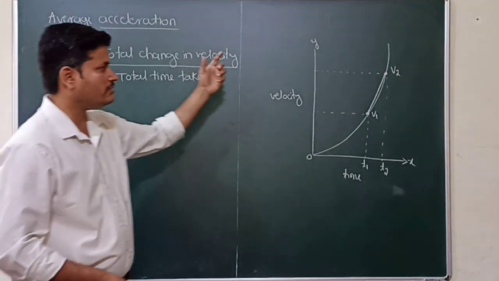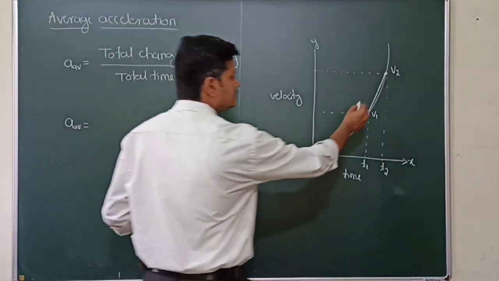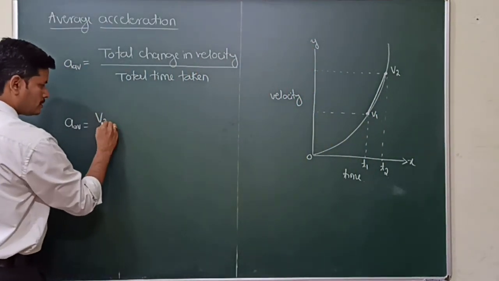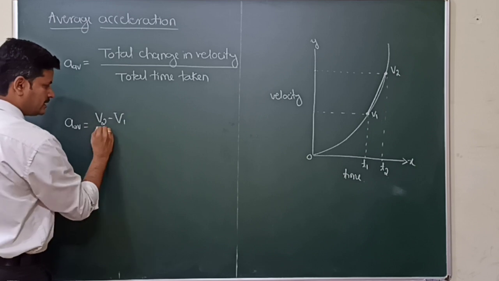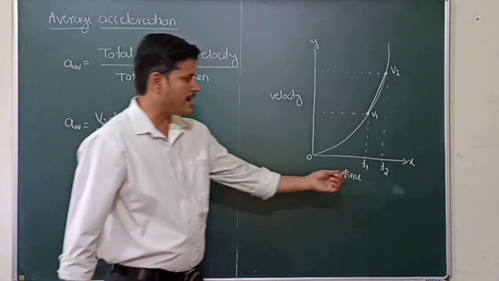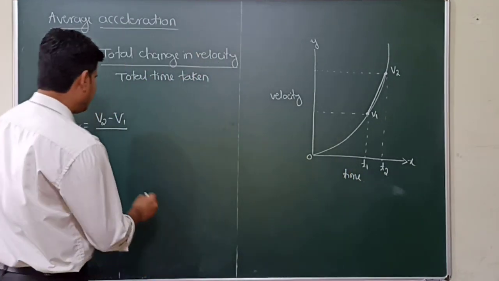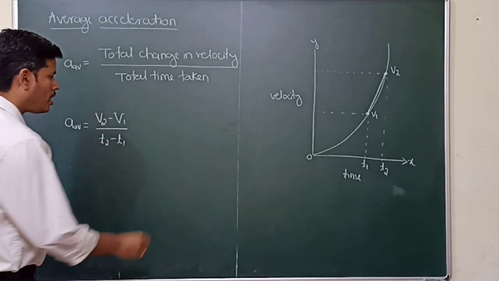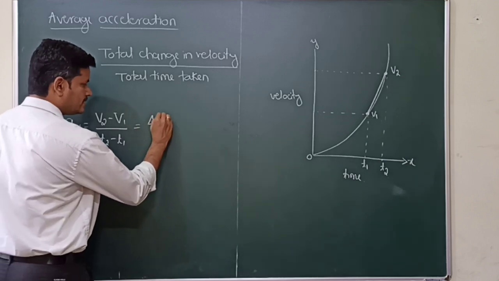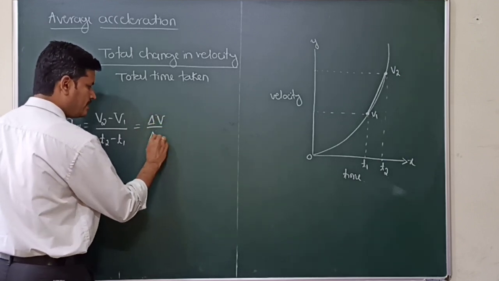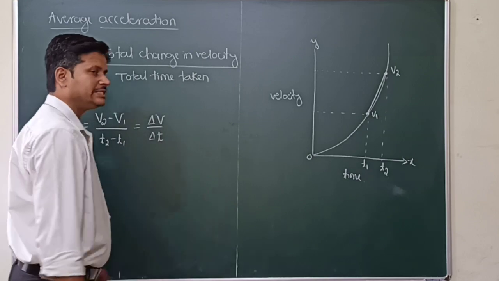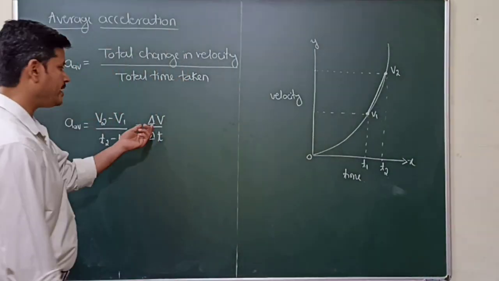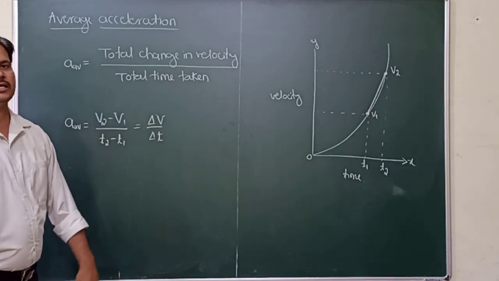There is a change in the velocity, that means v2 minus v1, whole divided by t2 minus t1. Or this is just delta v divided by delta t. This is for a large change in the velocity, then we have to take delta v divided by delta t.